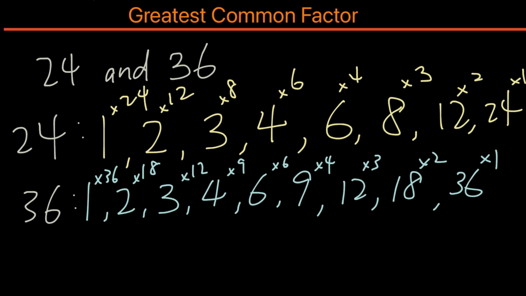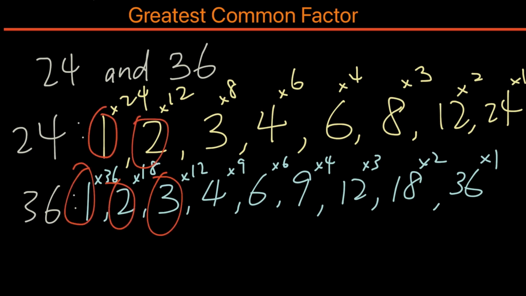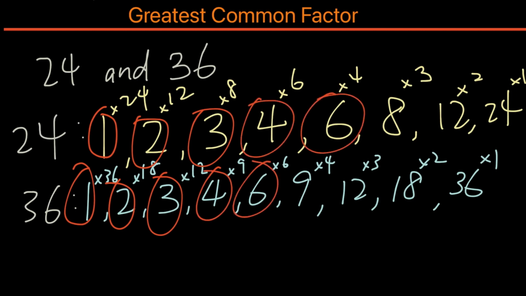Let's take a look at all the common factors. We got 1, 2, 3, 4, 6, 12, and that's it. So 12 would be our greatest common factor.